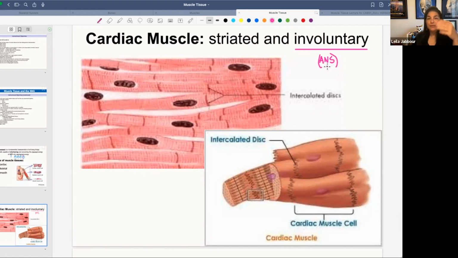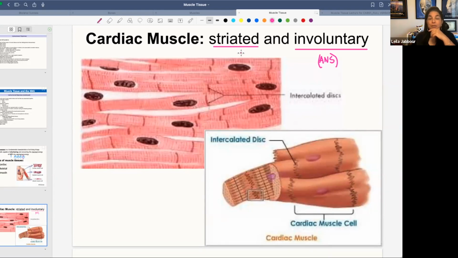The autonomic nervous system will send the signals to stimulate the cells. Well, actually, there are pacemaker cells that are just inherently contracting, and the autonomic nervous system is just going to regulate this contraction. The cells are striated.